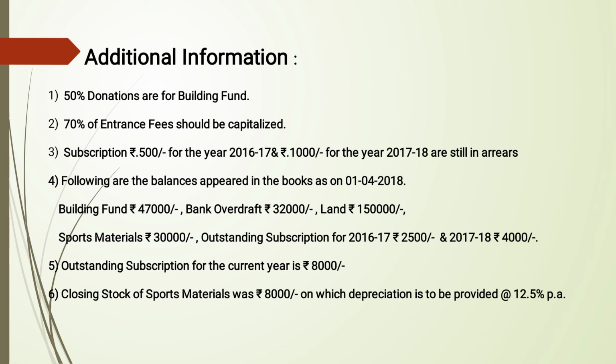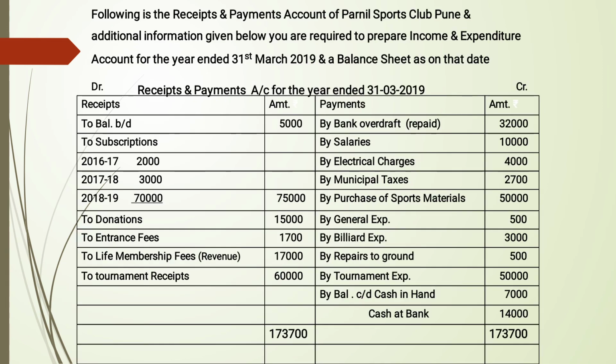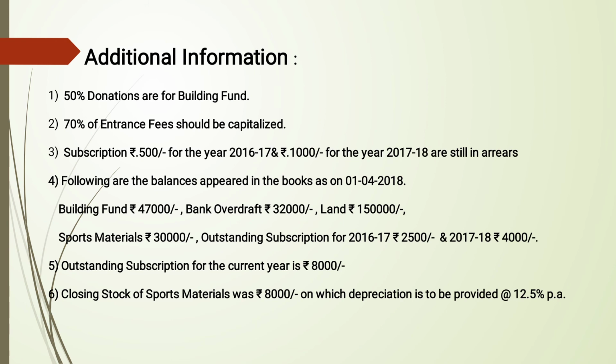Outstanding subscription for 2016-17 and 17-18 is mentioned in the opening balance sheet asset side. Outstanding subscription for the current year, we have already mentioned in the closing balance sheet asset side. Closing stock of sports material 8,000 and depreciation of 1,000 we have already mentioned in the asset side of the closing balance sheet, and the second effect on the expenditure side of depreciation.